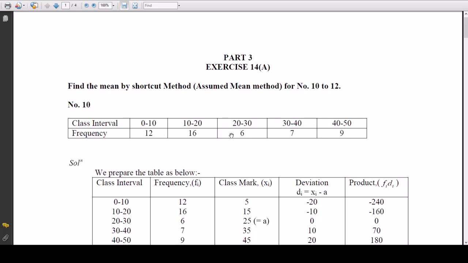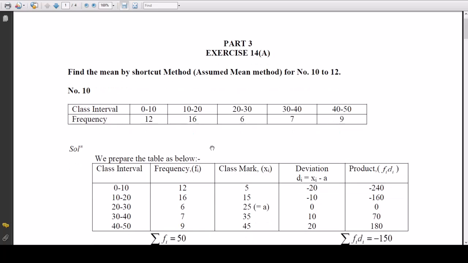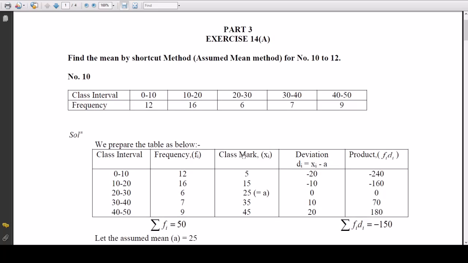Now, the same thing, you have to prepare a table for finding the mean for this second method also. Now how will you prepare the table? The class interval and frequency you write as per the data given in the question. The third column is for the class mark.